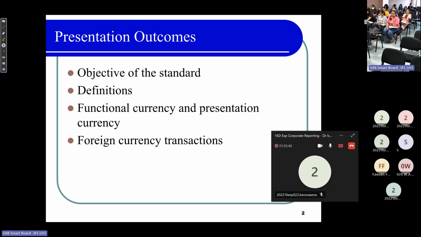There is a difference between foreign operation and foreign transaction. Foreign transactions are import and export. Foreign operations mean there can be a branch outside the country, maybe a subsidiary outside the country. Those are called foreign operations.